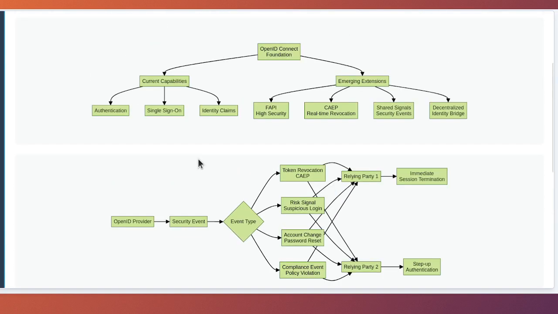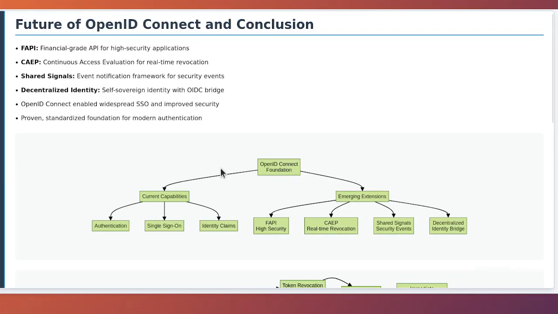Many regulatory frameworks for open banking around the world reference FAPI as the required security standard, making it increasingly relevant beyond just financial services. Any application handling sensitive data or high-value transactions can benefit from FAPI's rigorous security requirements.